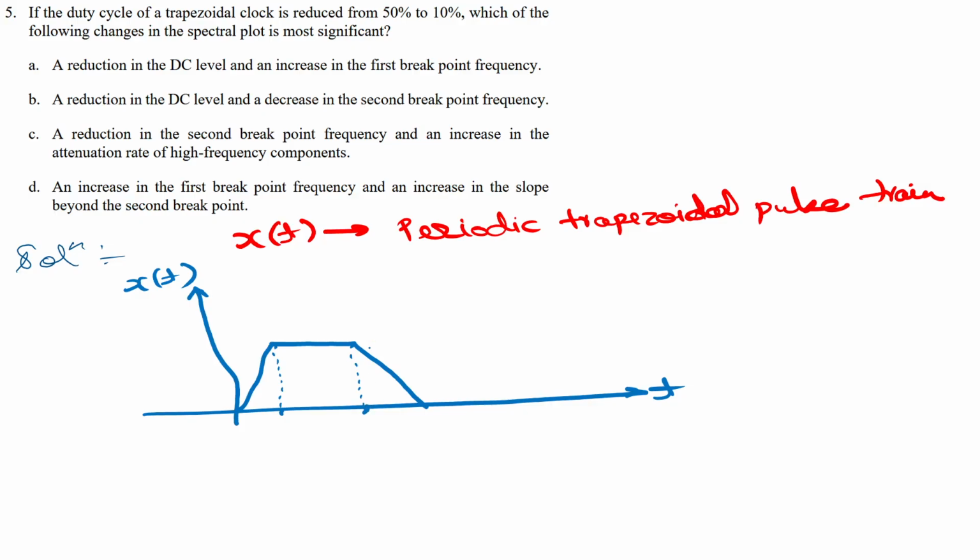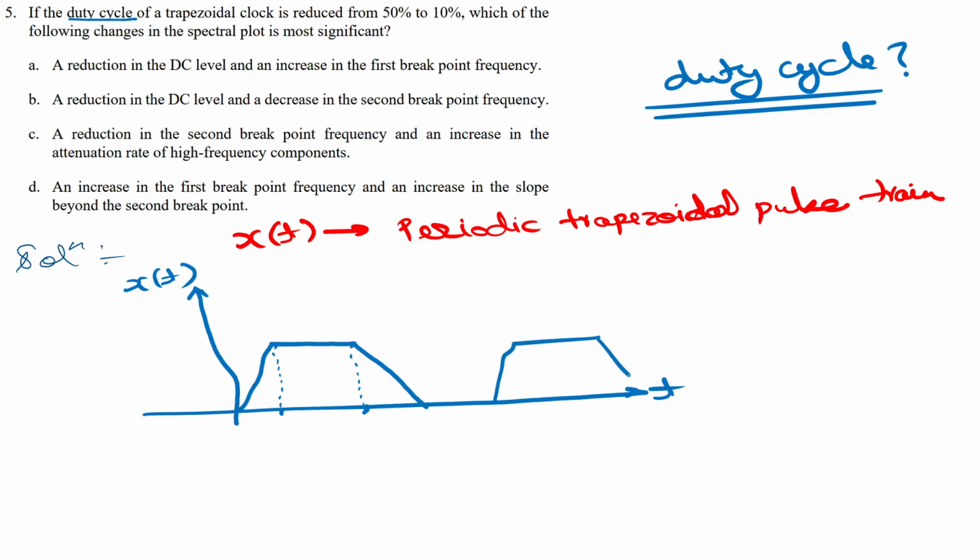Since it is asking about duty cycle, what will be the change if we increase or decrease the duty cycle? So let's first understand what duty cycle is. Let's say this is our pulse train with period T. Both of these pulses are the same, sorry for the drawing. Since it is periodic, it repeats after period capital T.